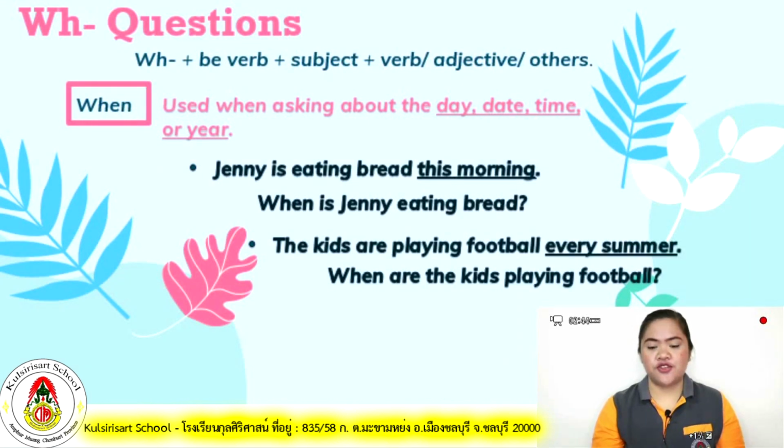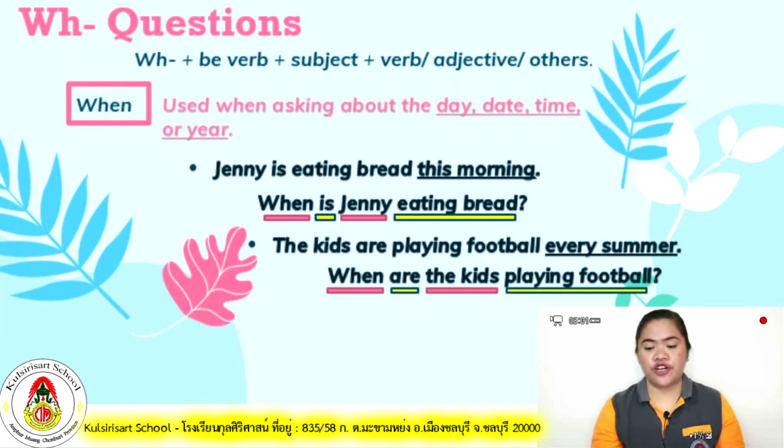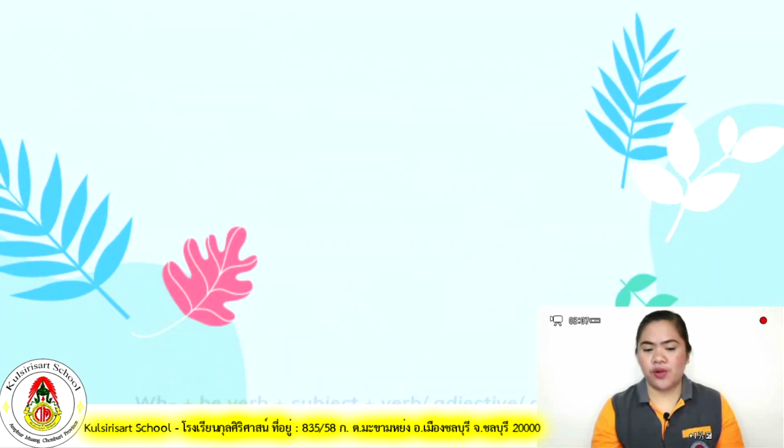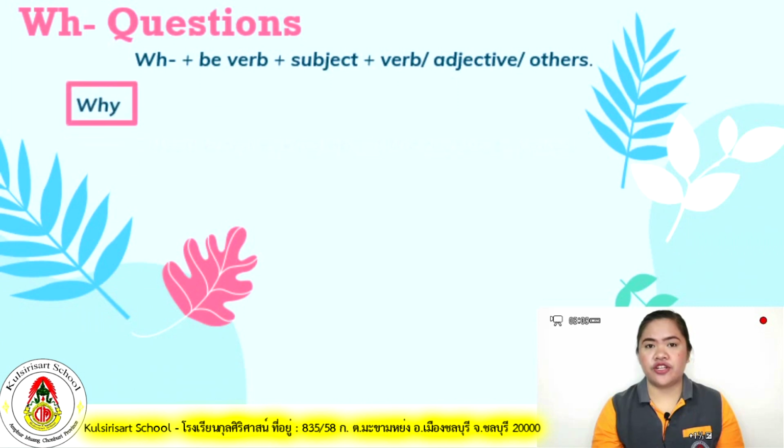Very good. As we can see, we have the WH word following this pattern, then the be verb is and are, then the subject, Jenny and the kids, and then the verb and the continuation from the declarative sentence. Okay, let's proceed to another WH word.